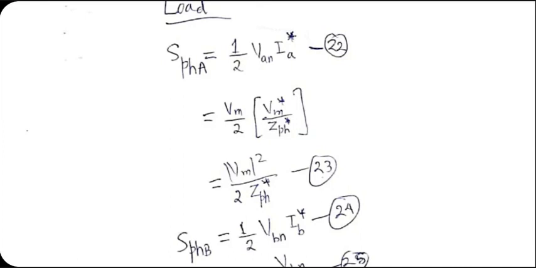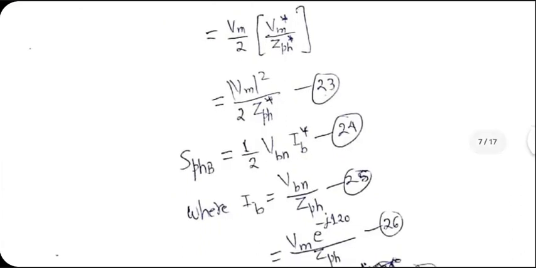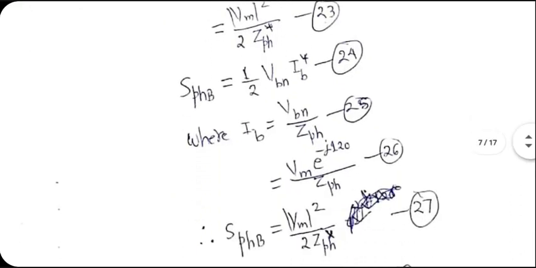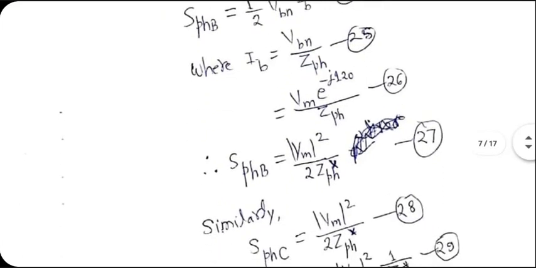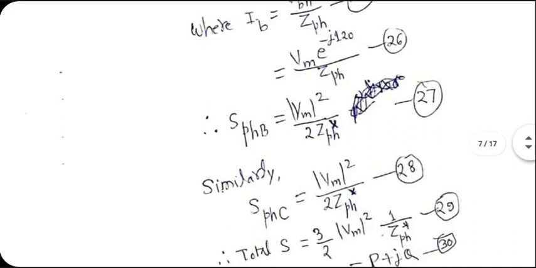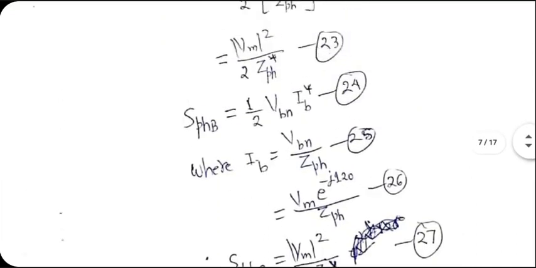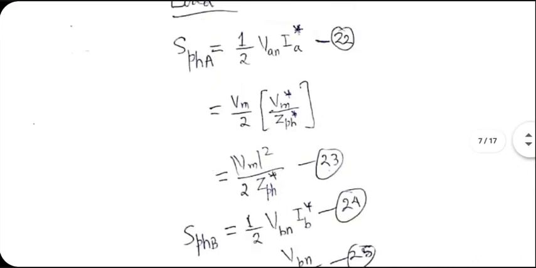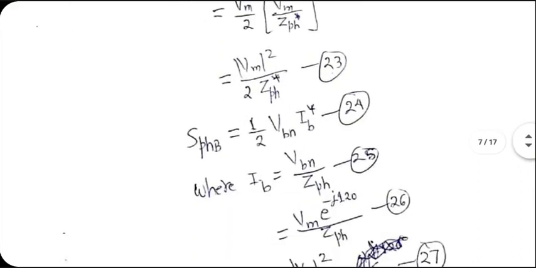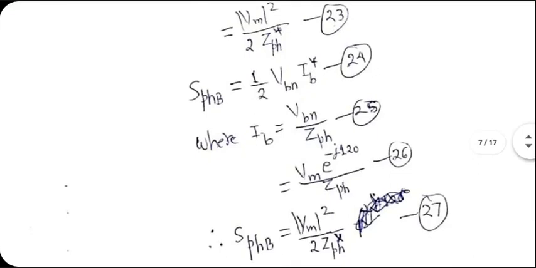And similarly, SPHB also works out to a formula which is given here. Actually, it turns out to be the same as complex power in phase A, because it's a balanced system. All the complex powers are the same.